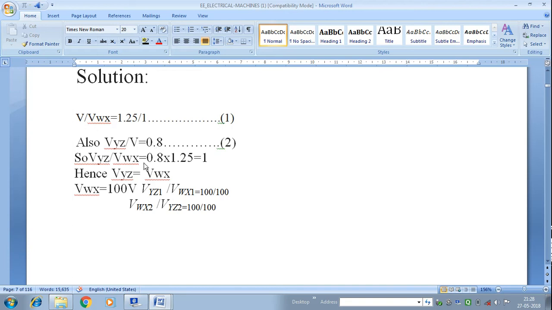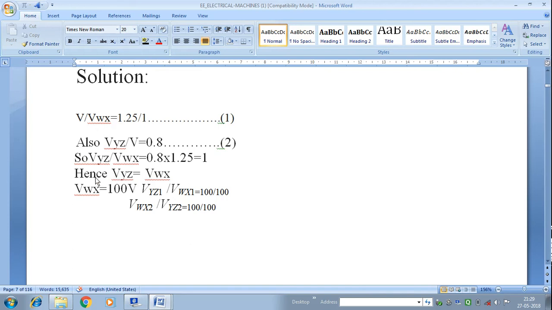Now what we will do, we'll multiply equation 1 by 2. Then we get this result, Vyz by Vwx is equal to 0.8 into 1.25, which is equal to 1.